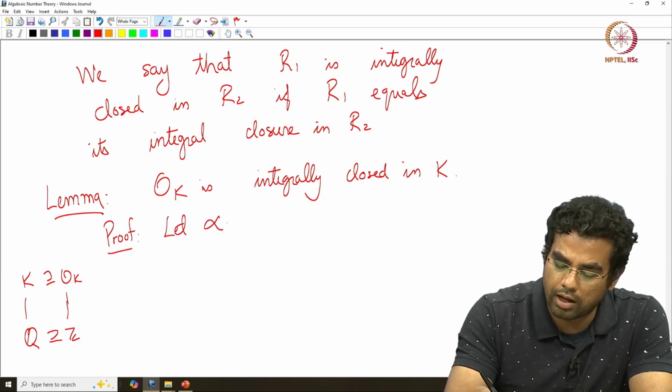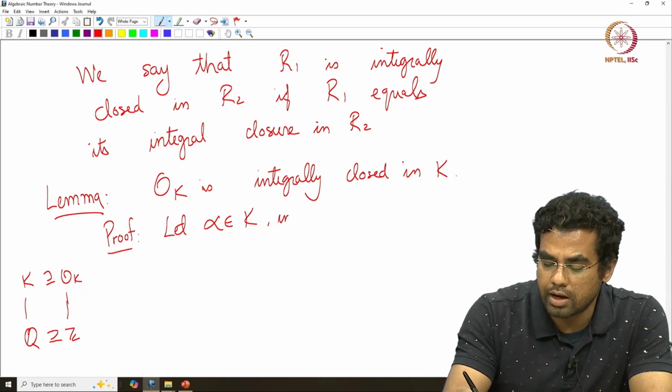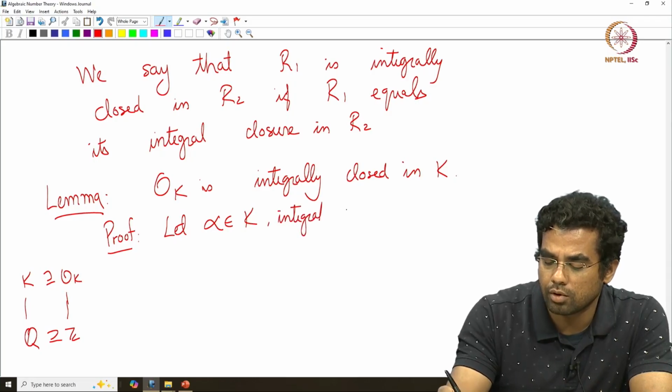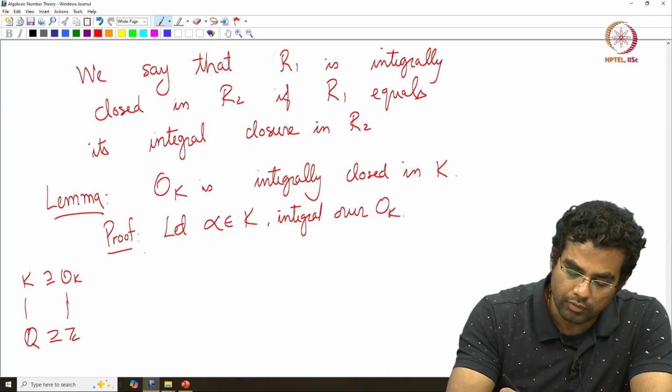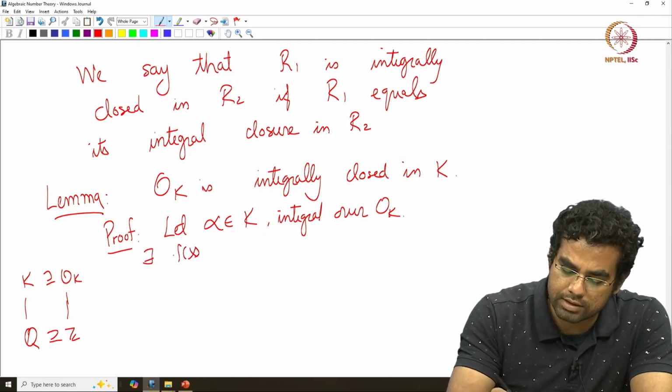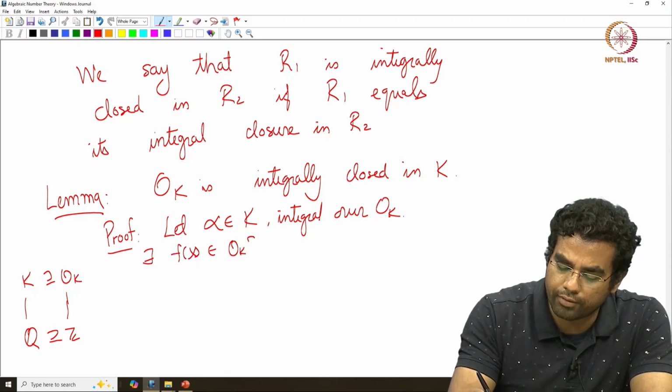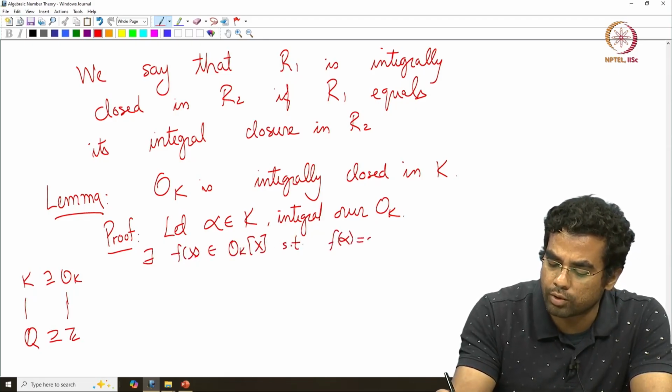Let alpha be in K and integral over O_K. What does that mean? There exists f(x) in O_K[x] such that f(alpha) equals 0.